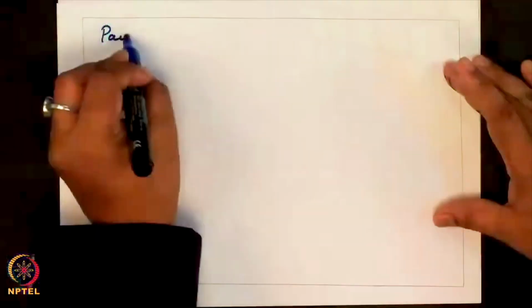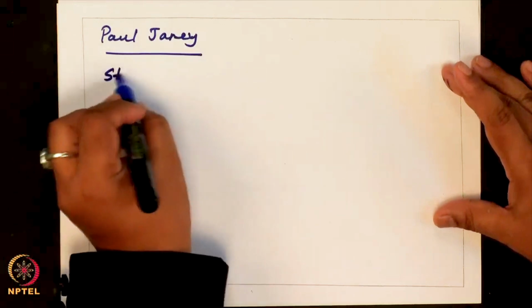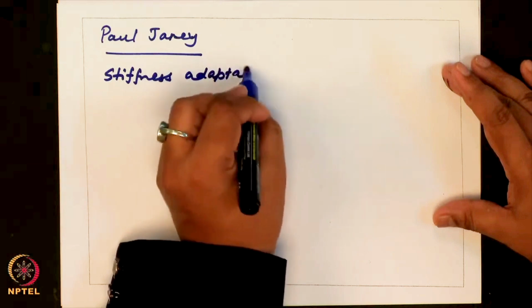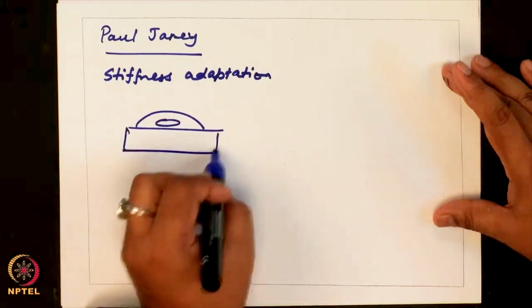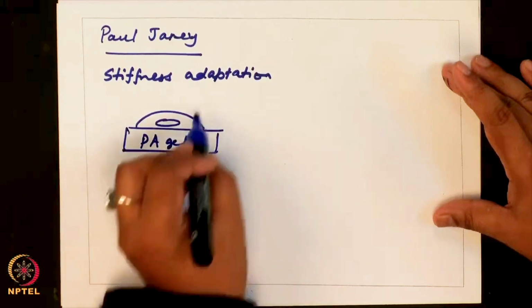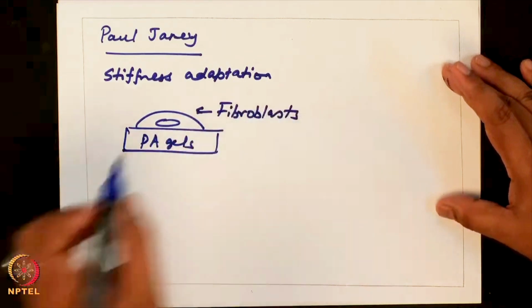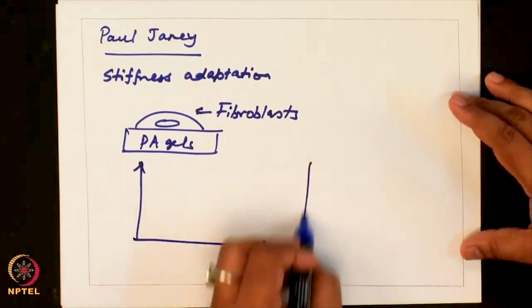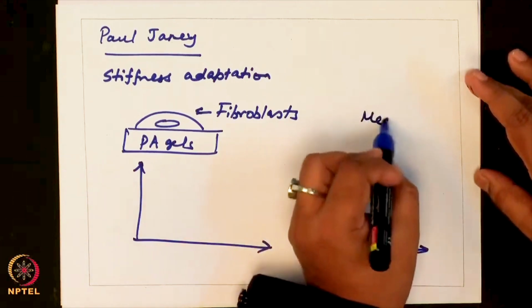Now let us take a few examples. Paul Janmey did this experiment of stiffness adaptation, in which he plated fibroblasts on gels of varying stiffness and asked how the cell mechanoadapts in terms of cortical stiffness.